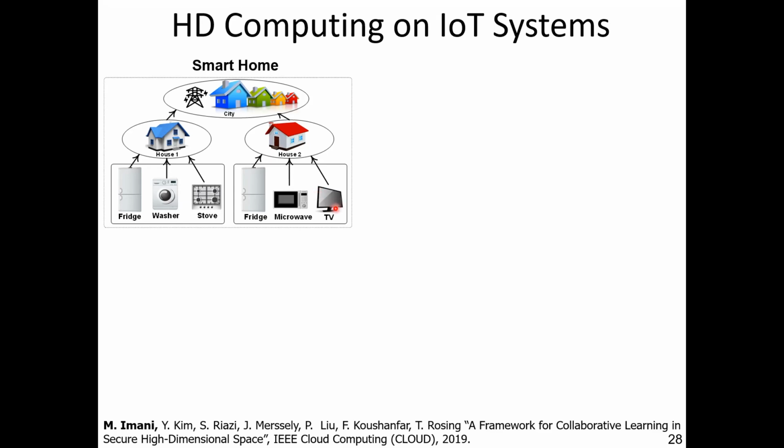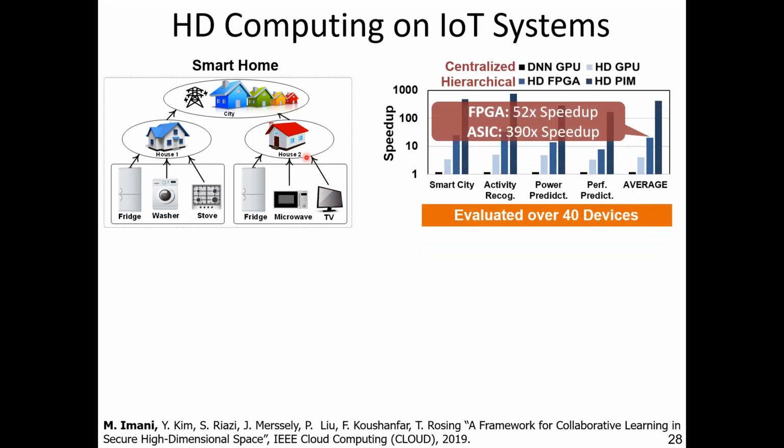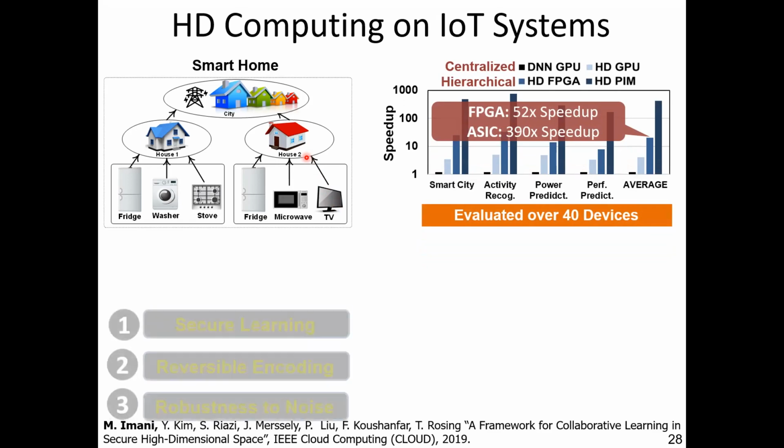But what we can do, HD computing is mathematical. We can mathematically estimate the dimensionality, and we can aggregate the results through the hierarchy of devices such that every node carries out a part of the learning task. So that's the type of work we are doing, and we are observing very interesting results in some implementations and simulations we have too.